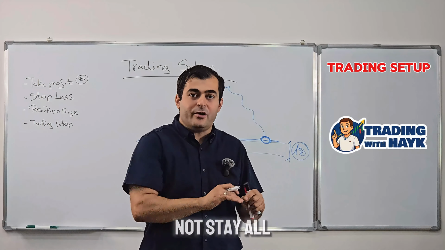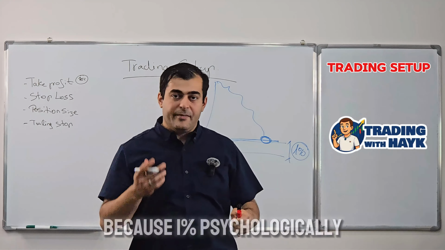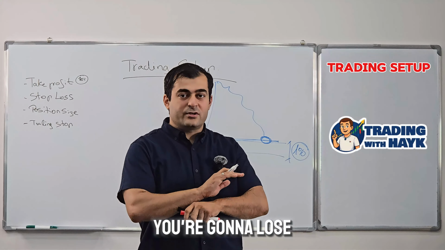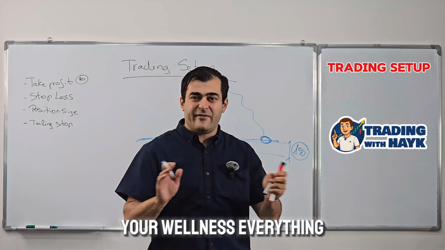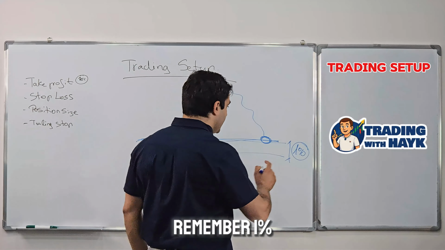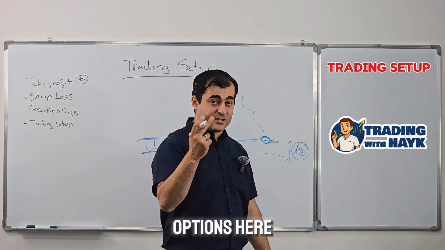And I mean sleep, not stay up all night to see what's going on. Because 1% psychologically is okay to sleep. Otherwise, you are not going to sleep. You are going to lose your sleep, your wellness, everything, your health. So remember 1%.